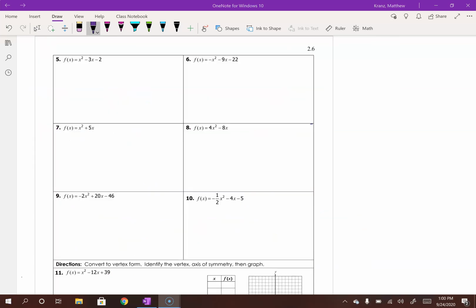All right, so we're going to move on to number 8, where we notice that there is a 4 in front. So when there is a 4 in front, we just have to factor out the 4. So if I factor out my 4, 4x squared divided by 4 is just x squared. And then that negative 8 divided by 4 is going to be 2x, right?